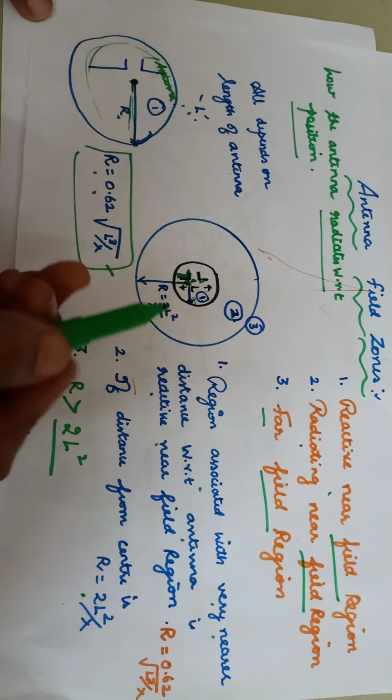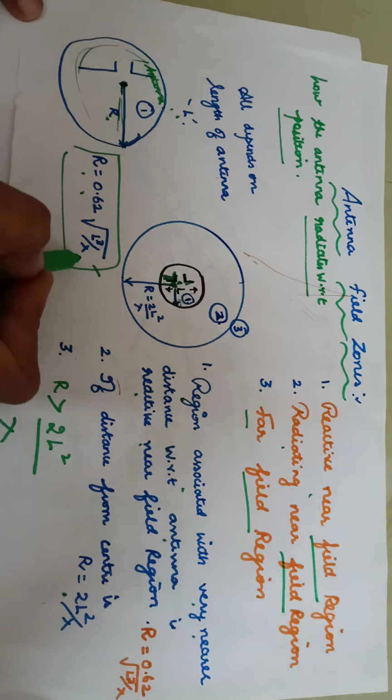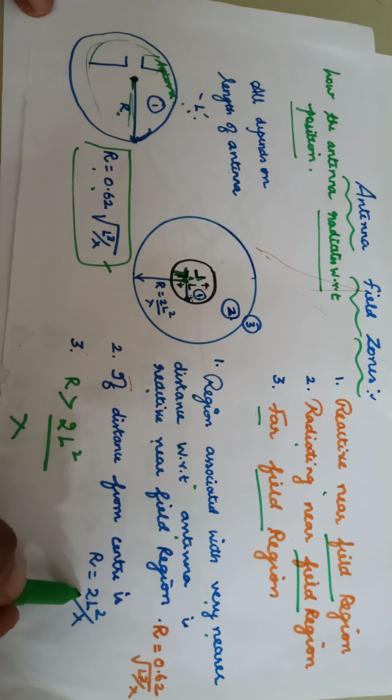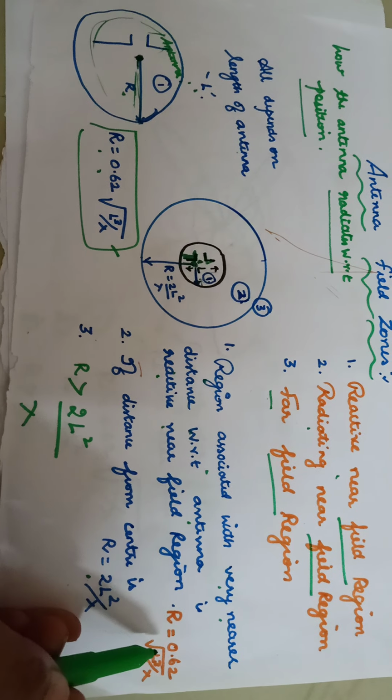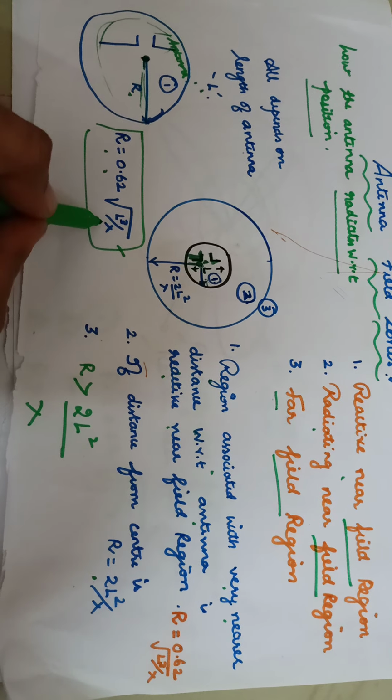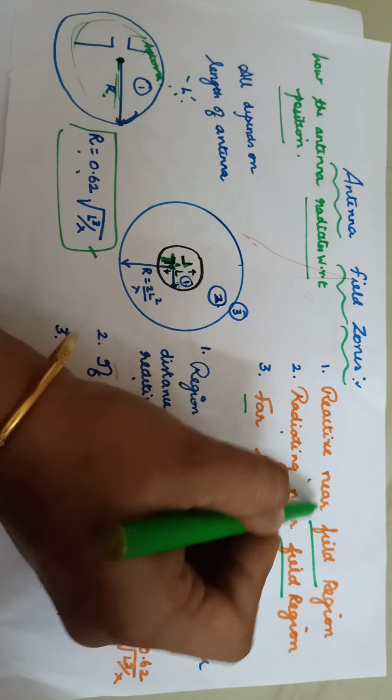If it is within this region, there are three different radial distances. One is 0.62 root of L cube by lambda. If it falls within this range, it is called reactive near field.